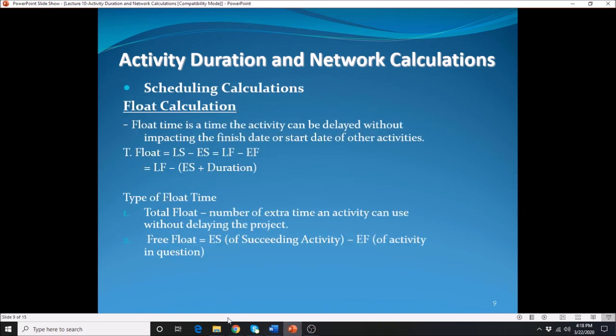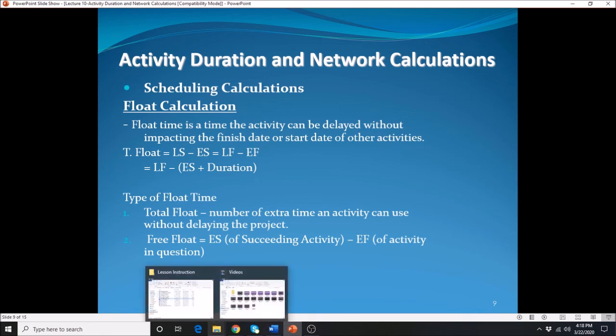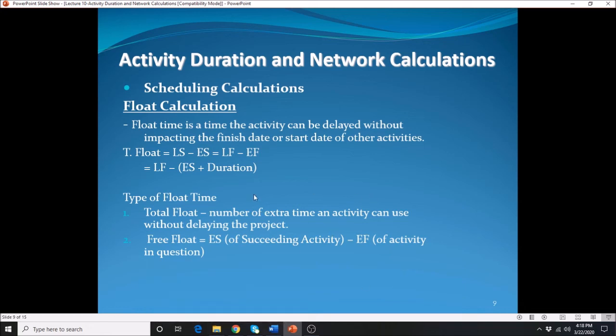Alright, so for the float calculations, there are two types of float time. We have the total float and we have the free float. So what's the difference between these two? The total float, or the TF, is the amount of time that you could delay a given activity without impacting the overall duration of the entire project.